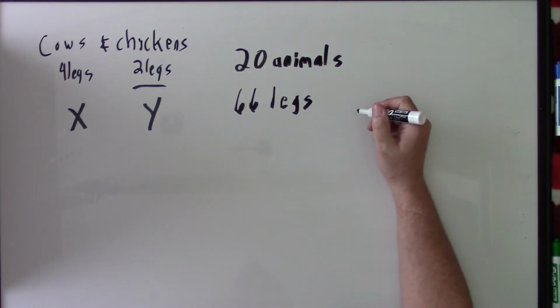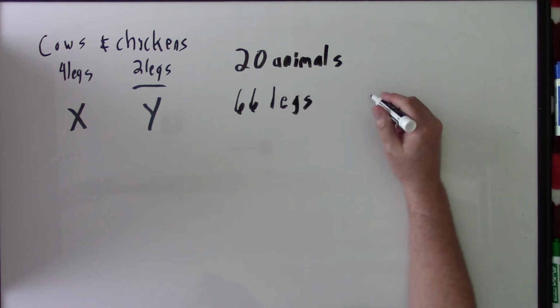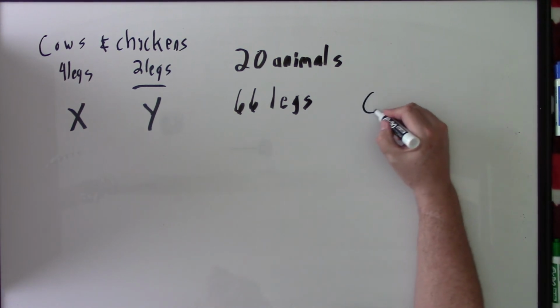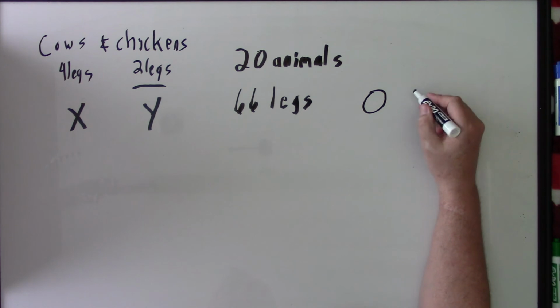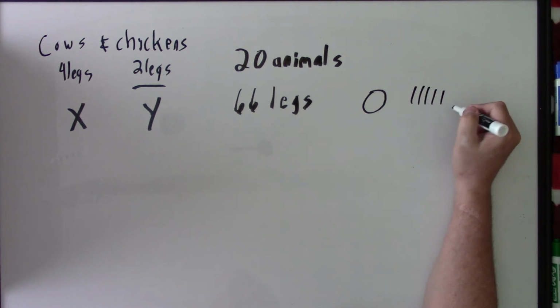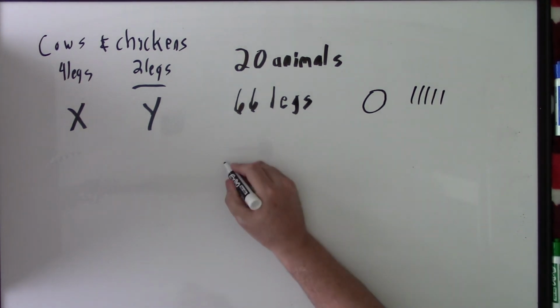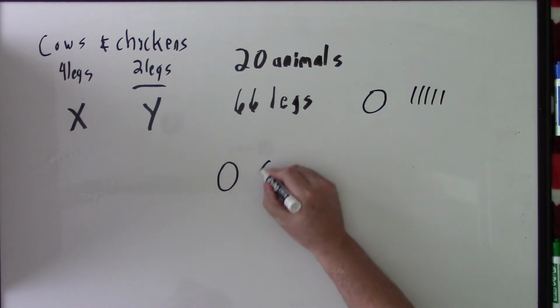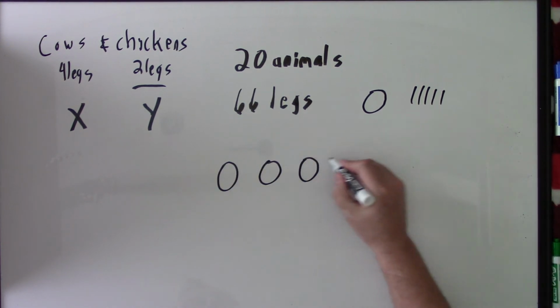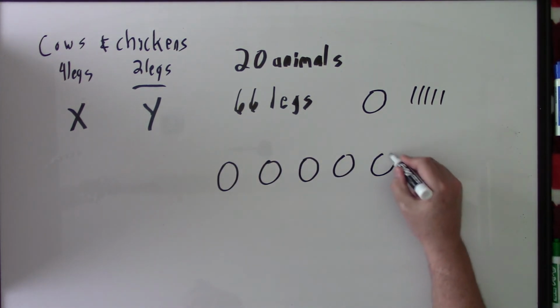So what you do is you would give kids little round styrofoam balls and toothpicks. So you would have 20 styrofoam balls. And normally we wouldn't have such big numbers.